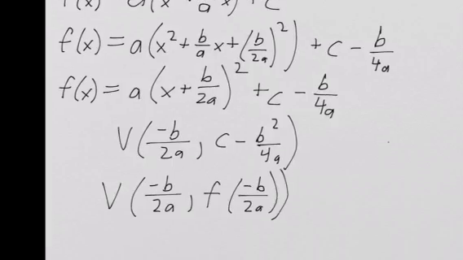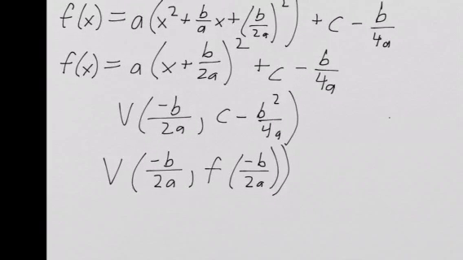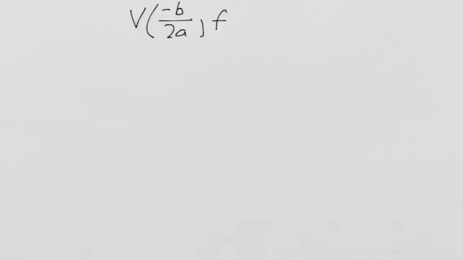So that's going to be our vertex formula. So I'm going to write that down again over here: the vertex is minus b over 2a, f of minus b over 2a.